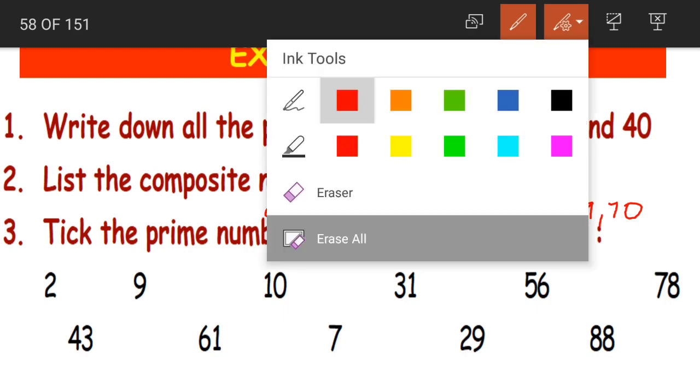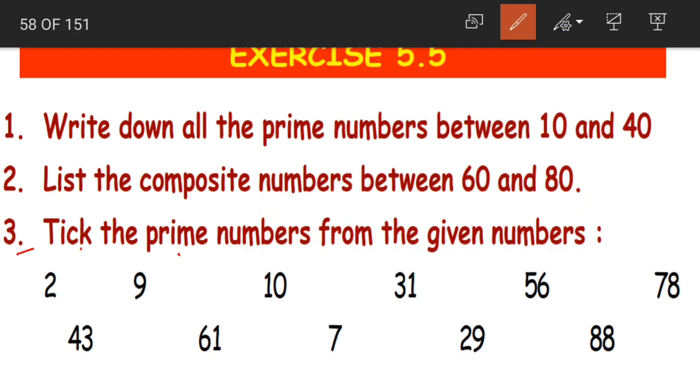Understood? Now coming to question 3. Tick the prime numbers from the given numbers. Children, a similar type of question can be asked in your live worksheet as well. You know where to find live worksheets, right? Yes, on our website www.aimstoday.in. There you will see a little box before the number. When you click in the box, you will get a tick mark.